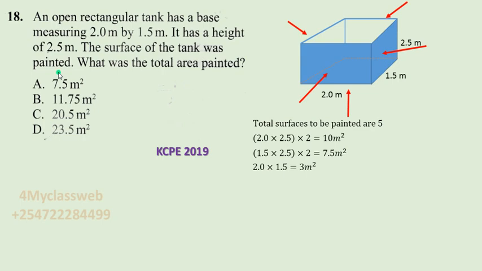Because we are supposed to state or to give the total area that was supposed to be painted, it therefore means that we have to add 10 meters squared, 7.5 meters squared, and 3 meters squared. And once you add, you are supposed to get 20.5 meters squared. So going back to the choices, C could have been the most appropriate answer for that question.